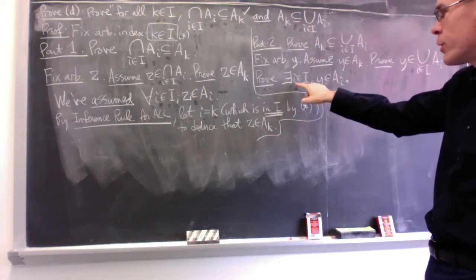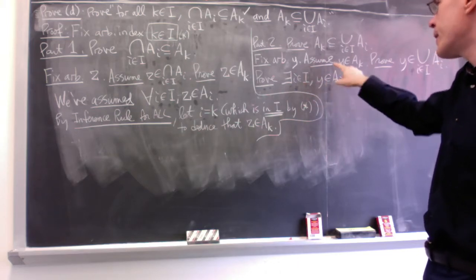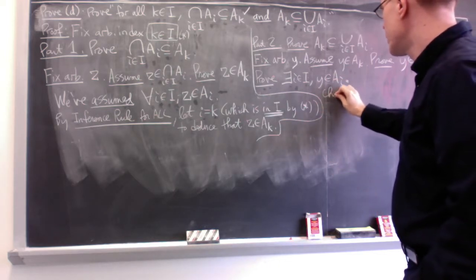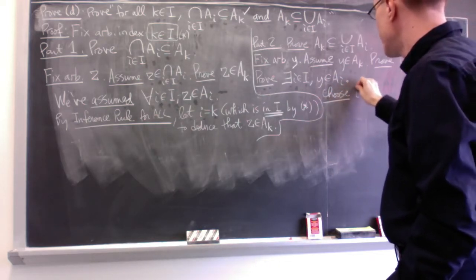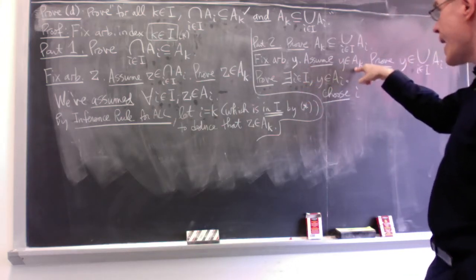It means that the thing you choose better belong to capital I, and it better satisfy that. And given what we've assumed, essentially the only thing you can possibly do is to choose that I, that the example you're trying to make, to be K.